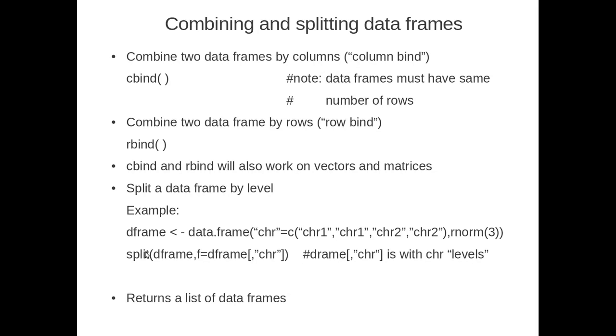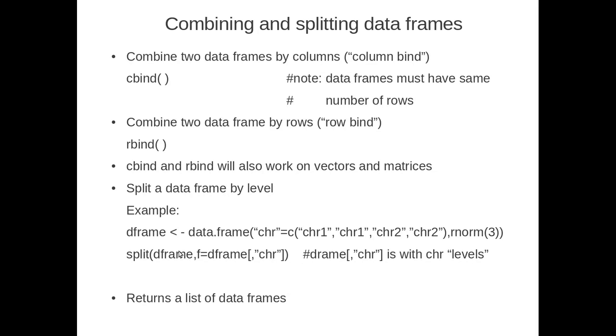So here if we split the data frame on the chromosome column, remember the comma here, rows go to the left, columns go to the right, so this is indicating the chromosomes column. We split using the F argument. We specify the column we want to split on.